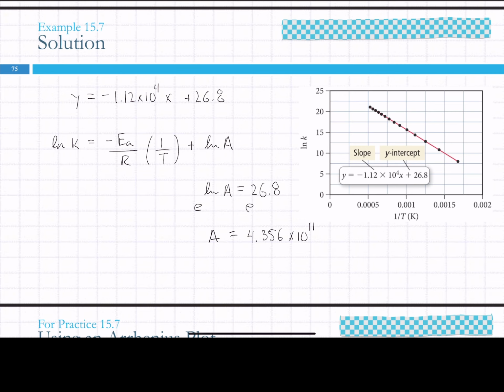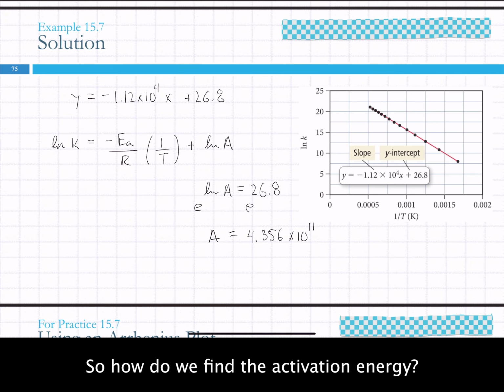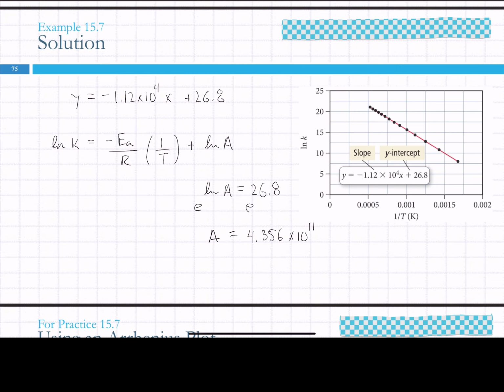So how do we find the activation energy? Do the same with the slope.